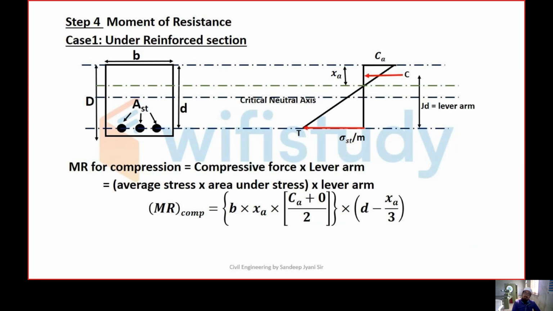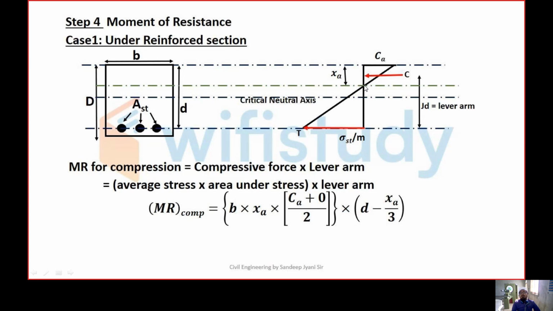Once it exceeds the critical neutral axis, then it will become dangerous. Then it should be redesigned actually, or a doubly reinforced beam should be given. So XA is less than XC. Coming to the stress diagram, what happens here?